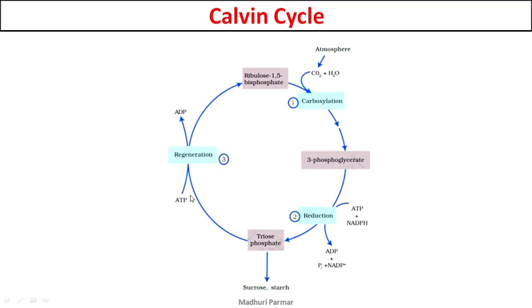So, these ribulose phosphate molecules are phosphorylated using ATP, and you get 6 molecules of ribulose 1,5-bisphosphate back. This is the regeneration step. It requires one more ATP. So, this is what the Calvin cycle is. It is the basic most cycle of photosynthesis, the oldest cycle, and it is conserved in all different species.